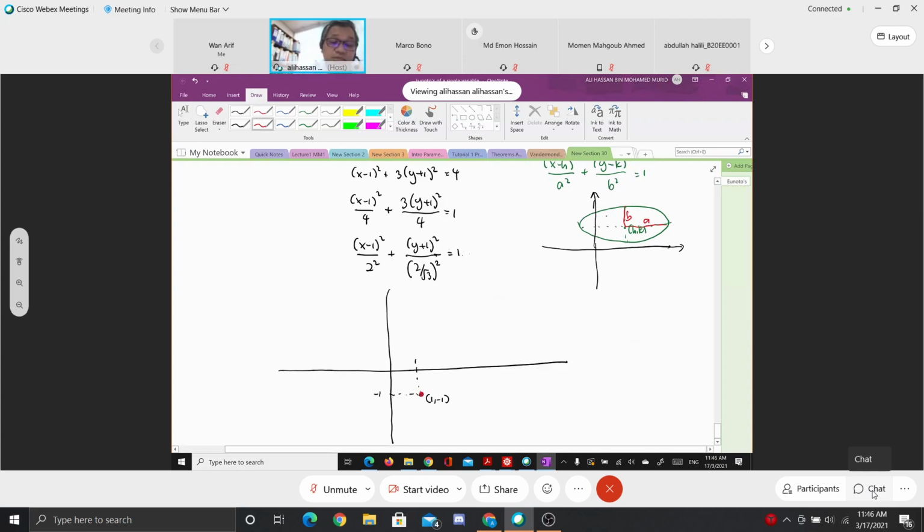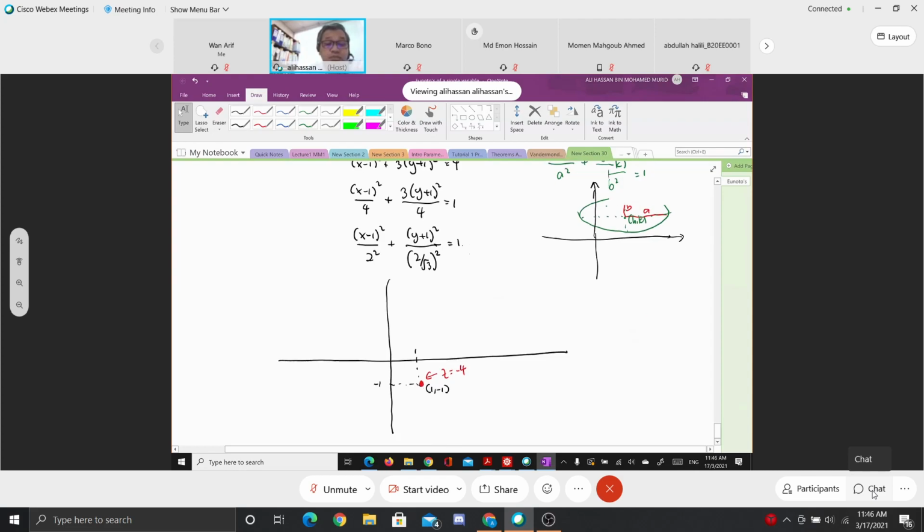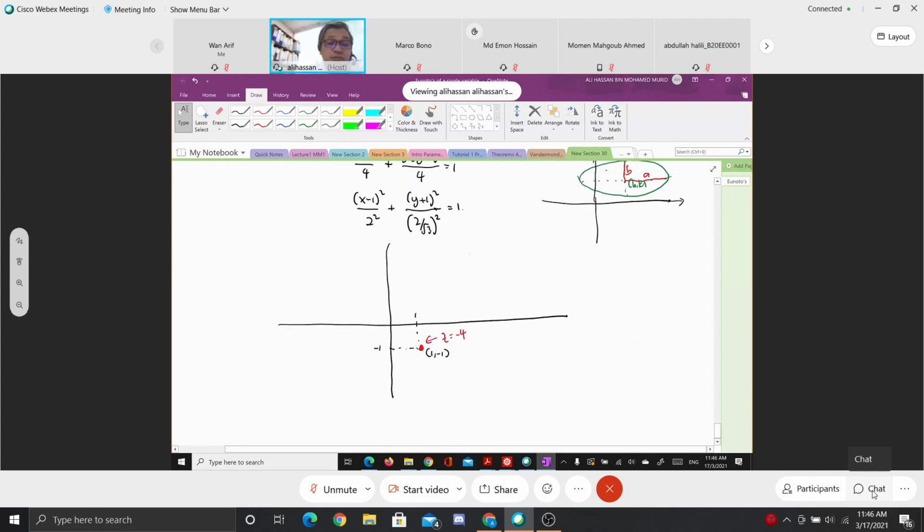It is just this point here, (1, minus 1). When z equal to 0, it is an ellipse, with a equal to 2.